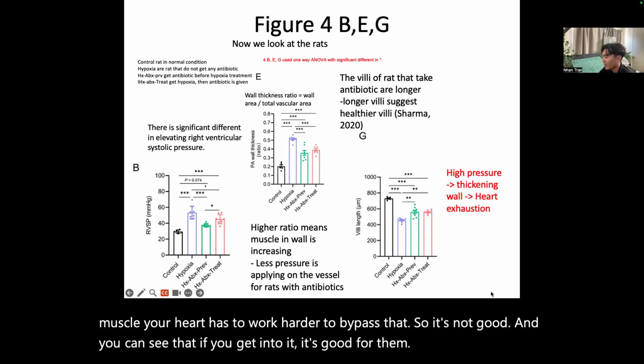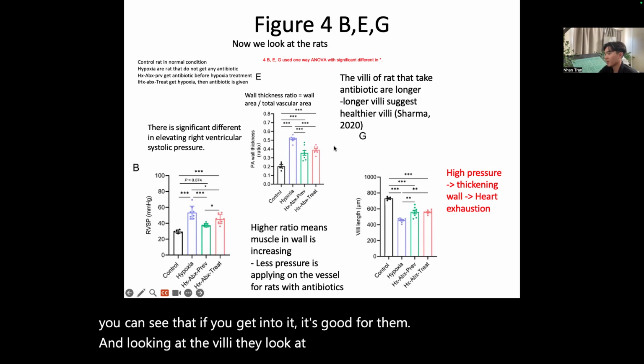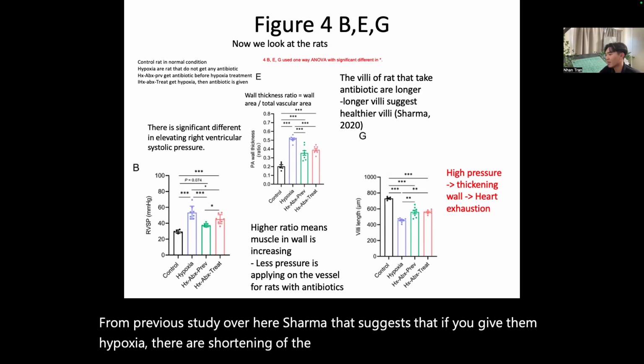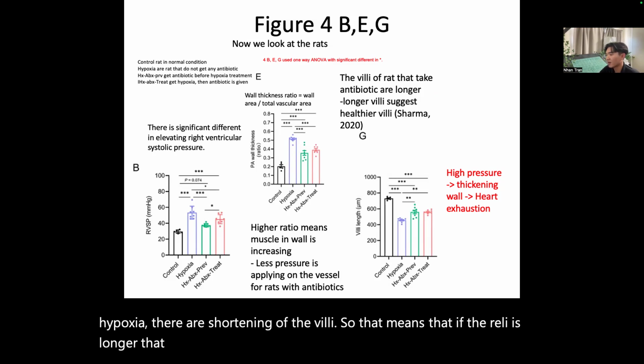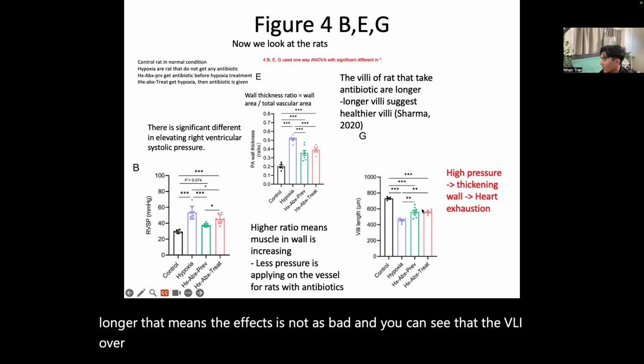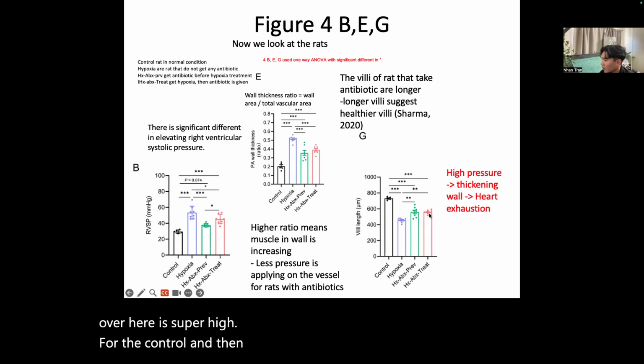And looking at the villi, they look at villi because there are data from a previous study over here, Sharma, that suggests that if you give them hypoxia, there is shortening of the villi. So that means that if the villi is longer, the effects are not as bad. You can see that the villi over here is super high for the control and then pretty high for the ones who take antibiotics.